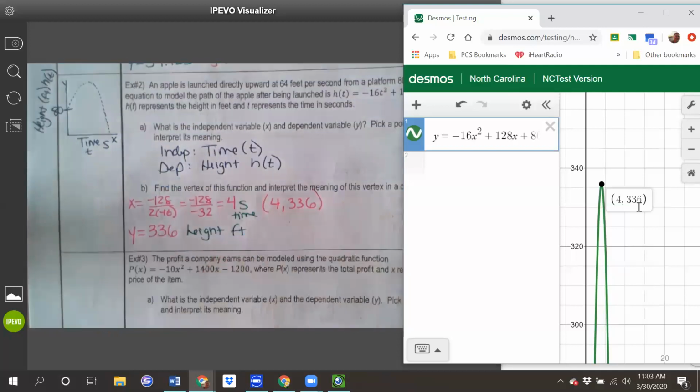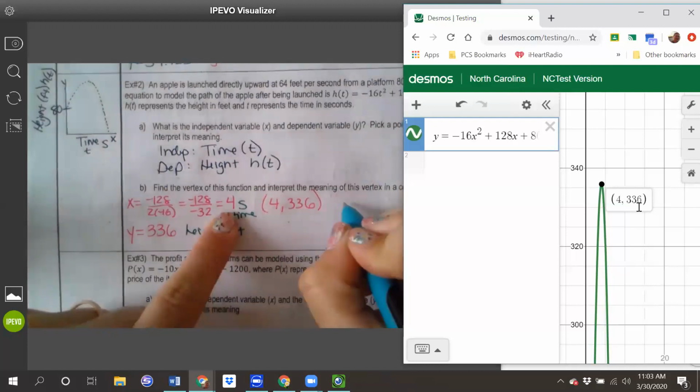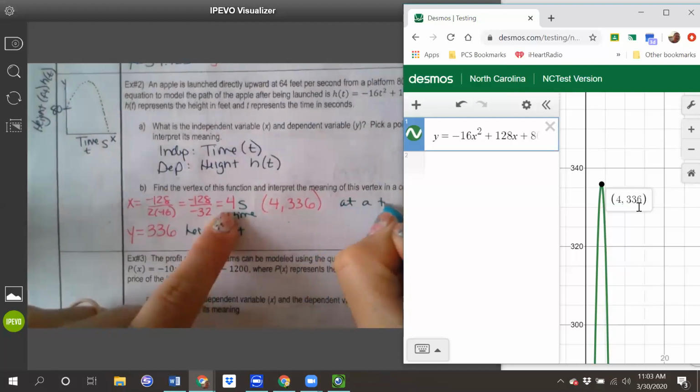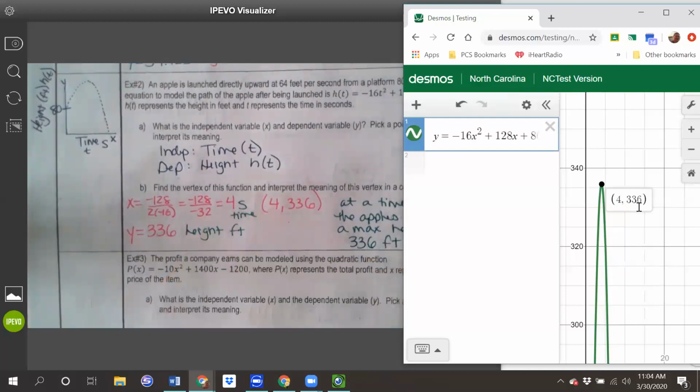So this is the height in feet. Okay, so now we can say that the vertex says that at a time of 4 seconds, or after 4 seconds have passed, the apple reaches a maximum height of 336 feet.